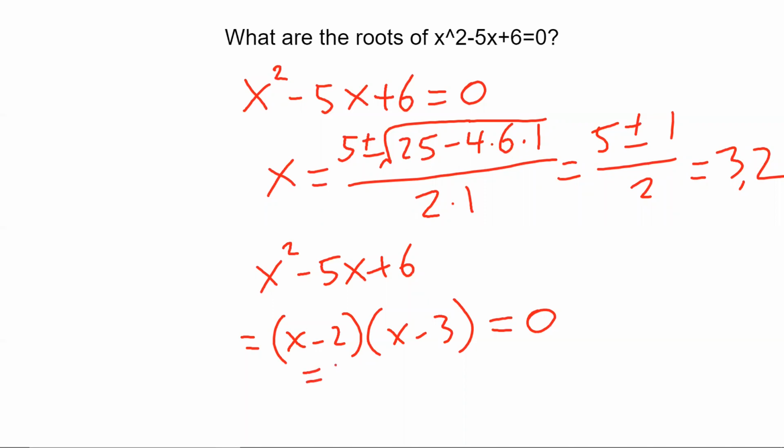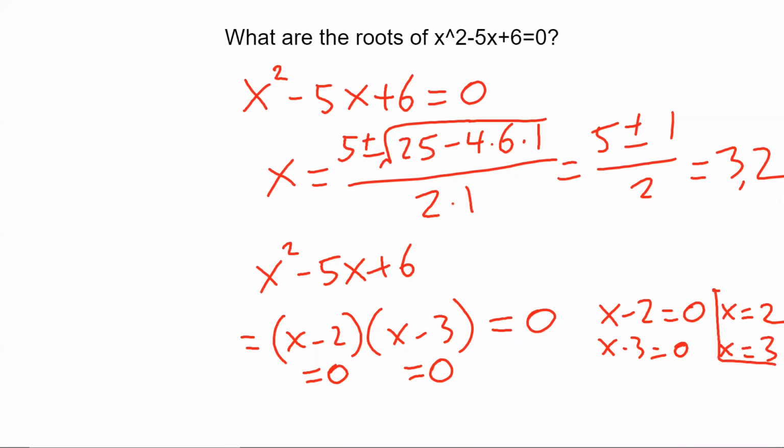So either this is equal to 0 or this is equal to 0. If x minus 2 is equal to 0, then x is equal to 2. And if x minus 3 is equal to 0, then x is equal to 3. And so these are our 2 solutions. So any questions?